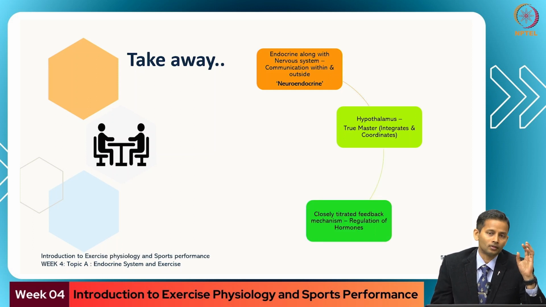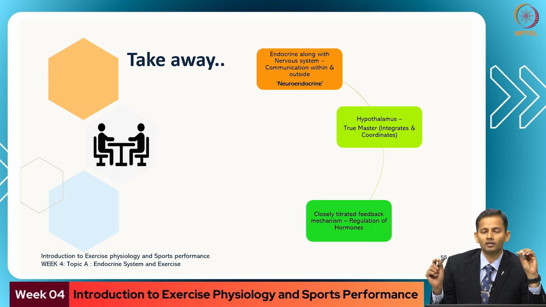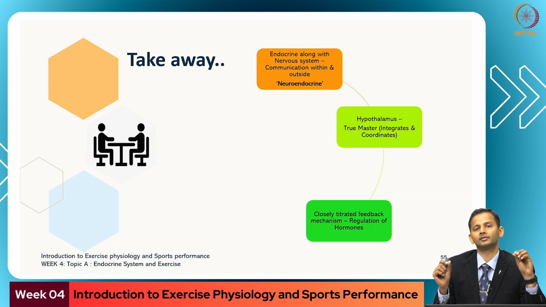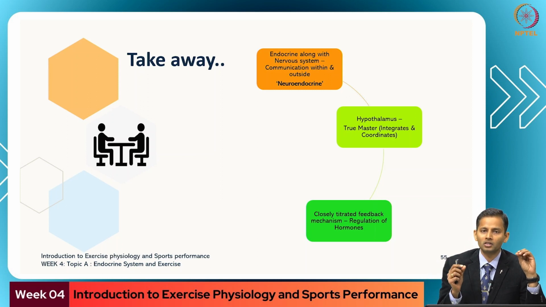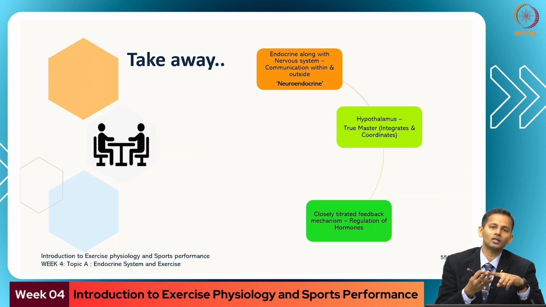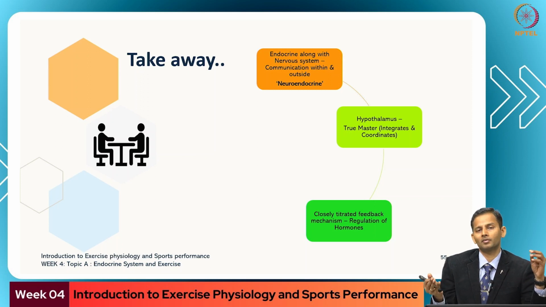The feedback mechanism is a very closely knit system, wherein each and every minor change in the levels of either the neural response, or the humoral response, that is the level of blood molecules in the blood, or the hormonal response, by any of these three mechanisms the feedback is closely titrated.